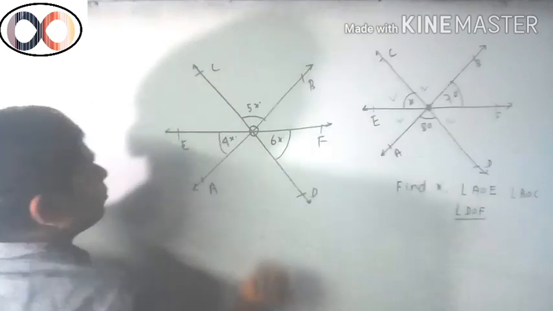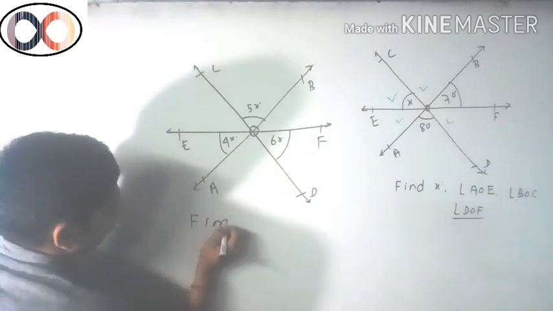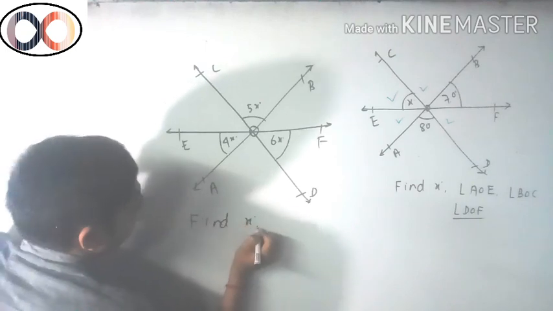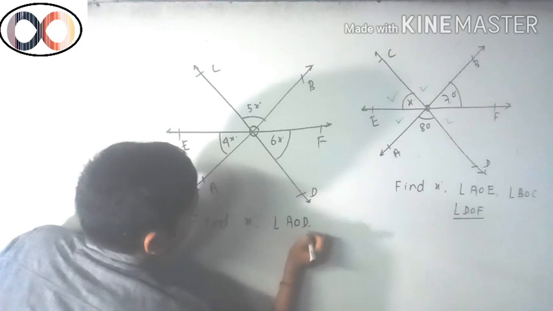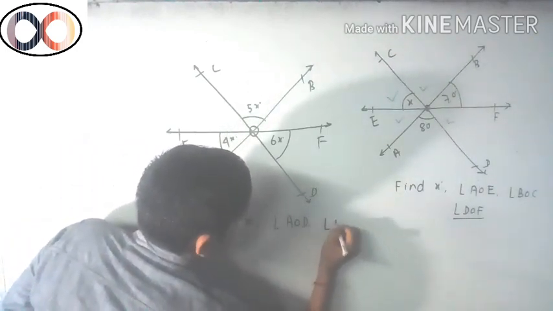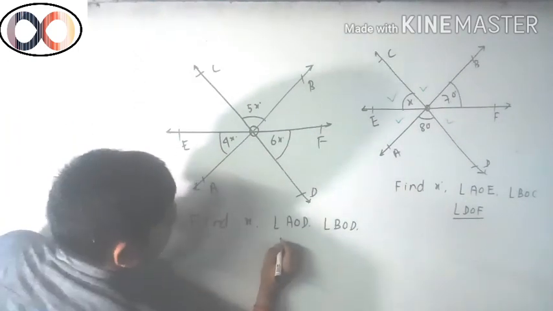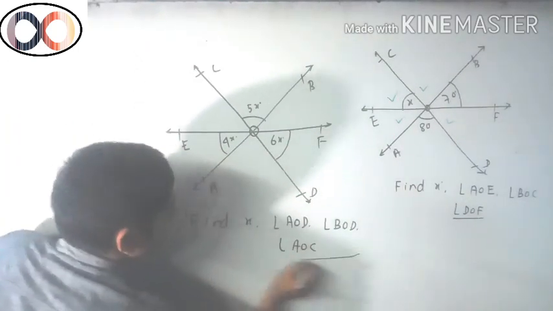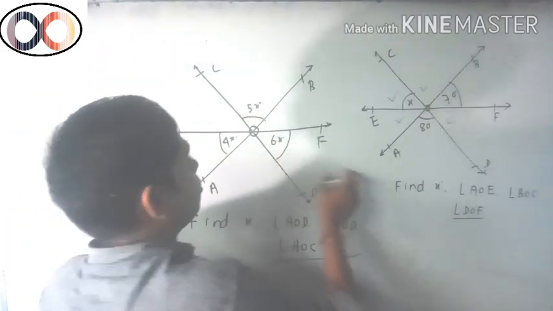You need to find the value of x. Next, find AOD. Next, find BOD. Next, find AOC. This is the question you will have to solve.